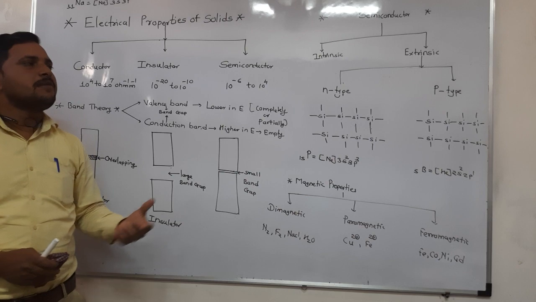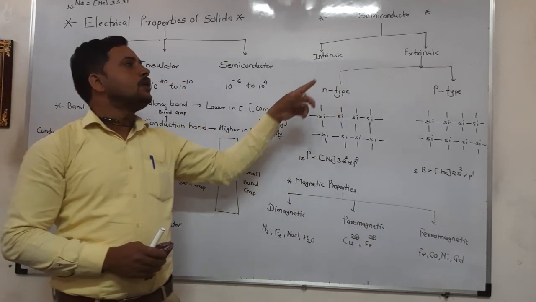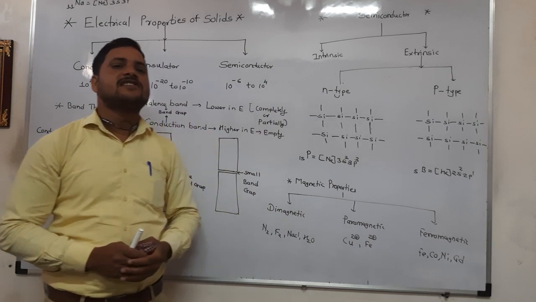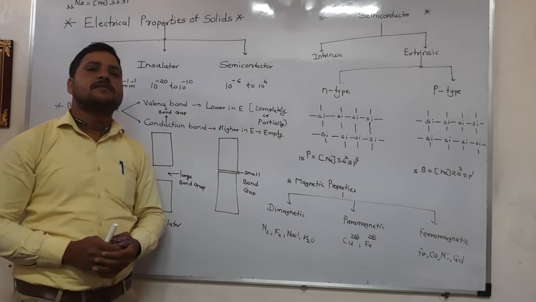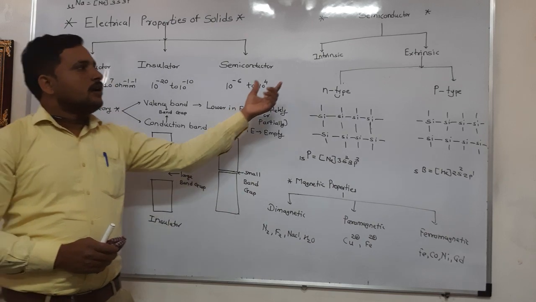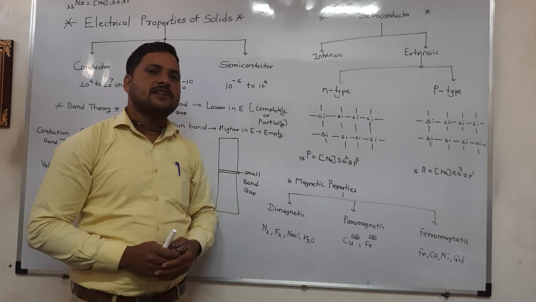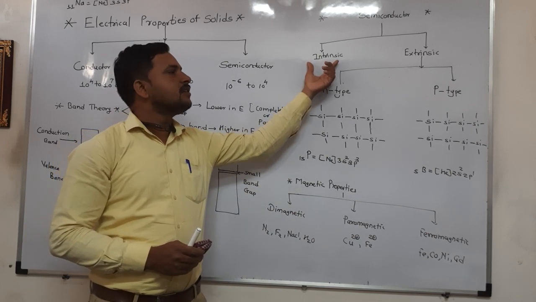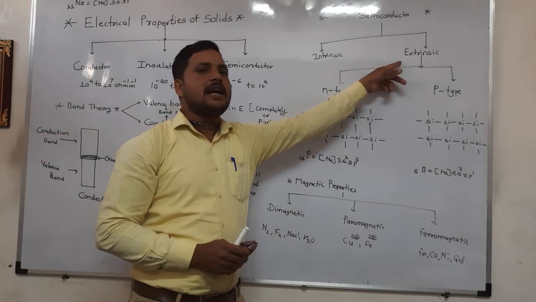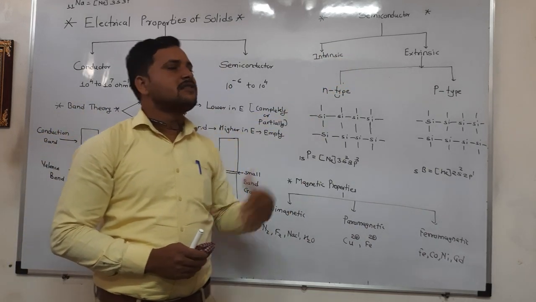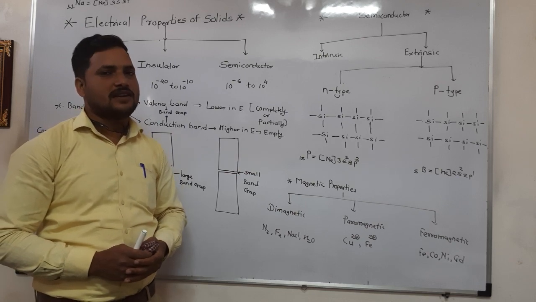And if a semiconductor is made by adding impurity to pure silicon or germanium, it is known as an extrinsic semiconductor.